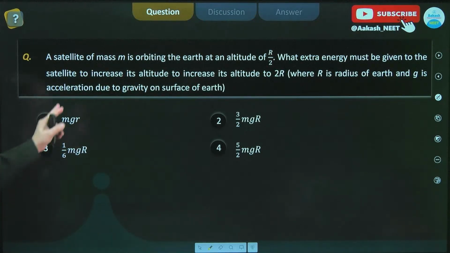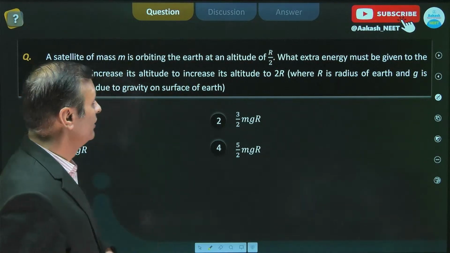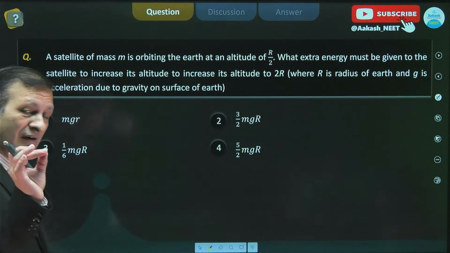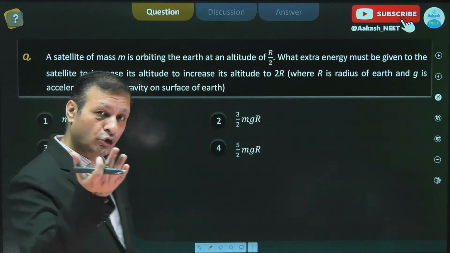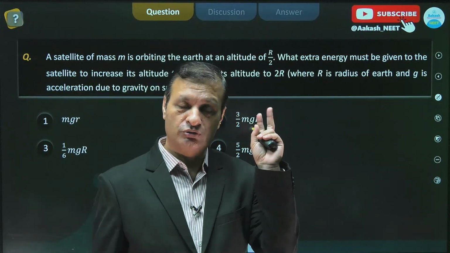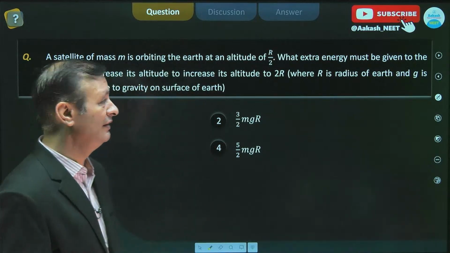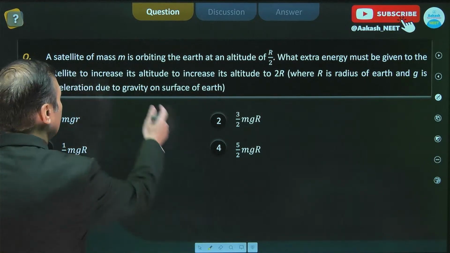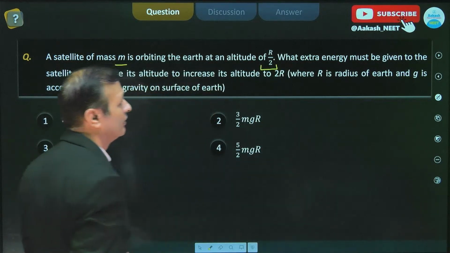A satellite of mass m is orbiting the Earth. It means now you have a concept of kinetic energy. It is at an altitude also, so it has some potential energy also. So in this situation, we'll definitely talk about conservation of energy.